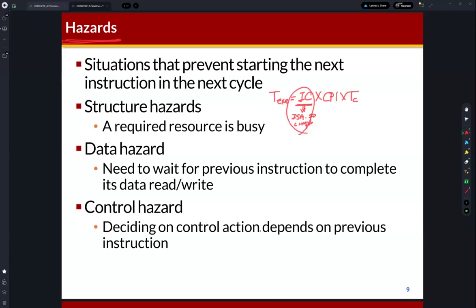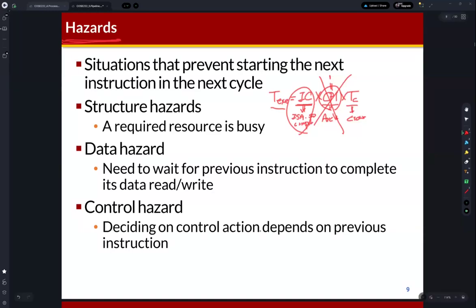So this is the software part. CPI is the architecture part. TC is related to circuit design, right? And when I explained the speedup by pipelining, I assumed that the CPI is 1 because we assume a CPU can receive an instruction every clock cycle, right? But actually, it's not. So what does that mean?